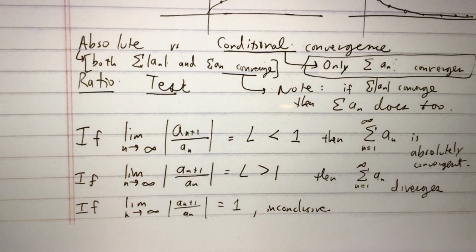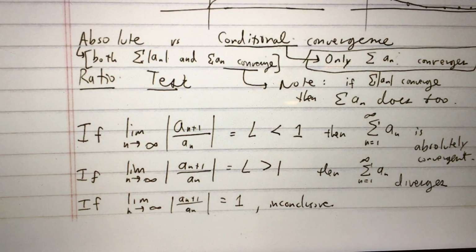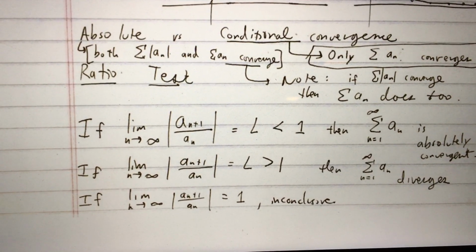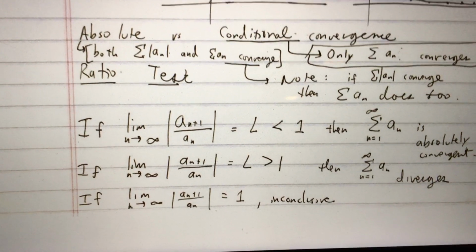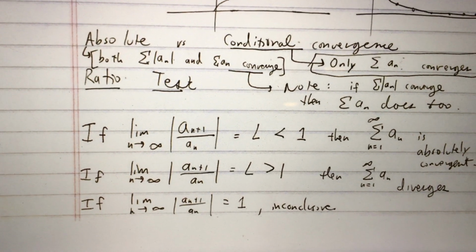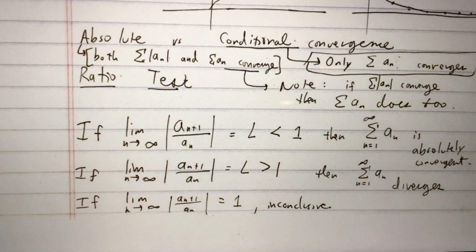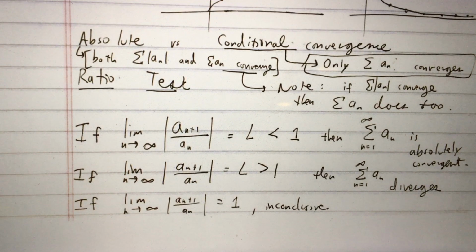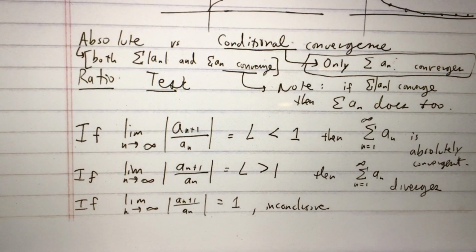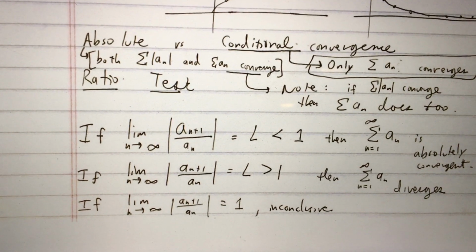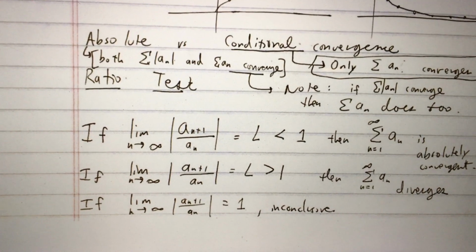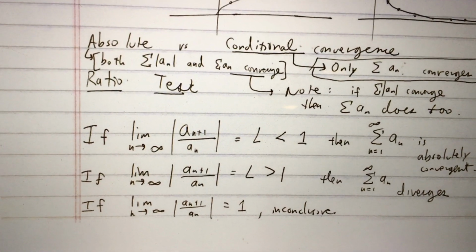So we look at the limit as n goes to infinity of a sub n plus 1, think of that as being the next term, divided by a sub n. Now, if that turns out to be a constant value L smaller than 1, then the summation n equals 1 to infinity of a sub n is absolutely convergent, which we can say because there's absolute value bars around the stuff inside the limit there.